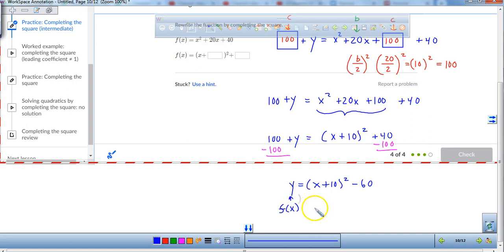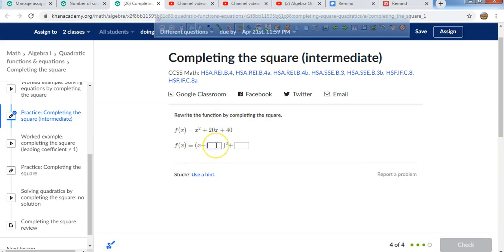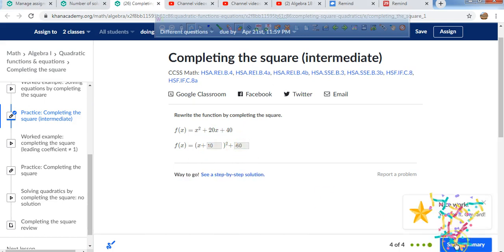That's all it is. So basically f of x equals, and what's our final answer? This right here. X plus 10 squared minus 60. So I'm going to put a 10 here. I'm going to put minus 60 here. 10 there. Minus 60. And hit check.